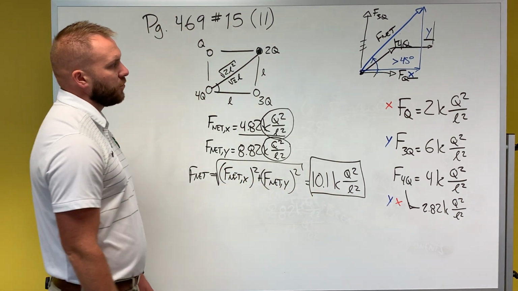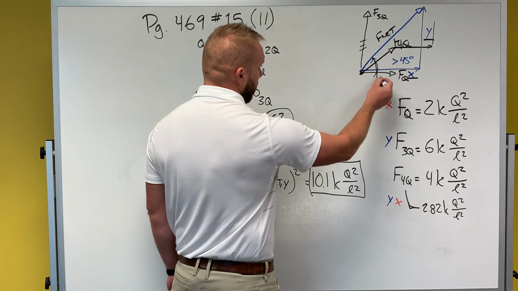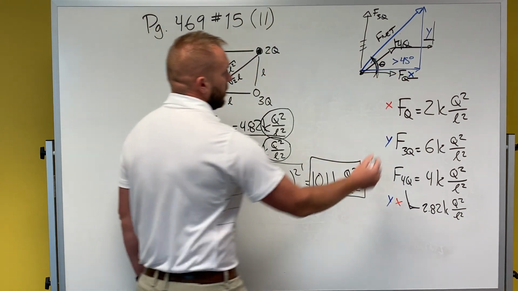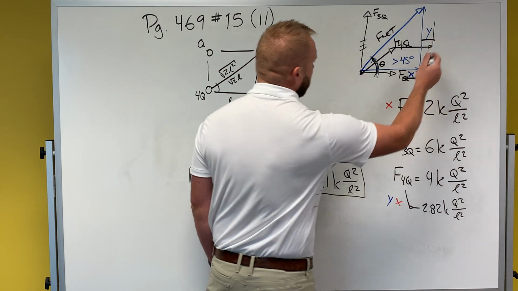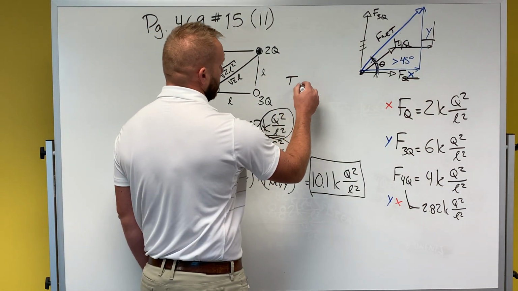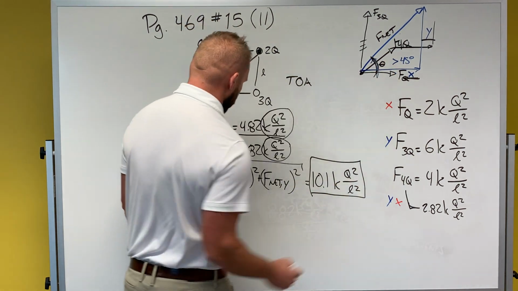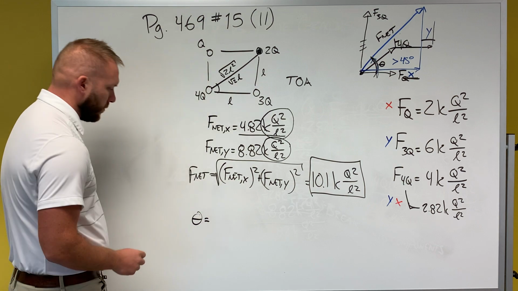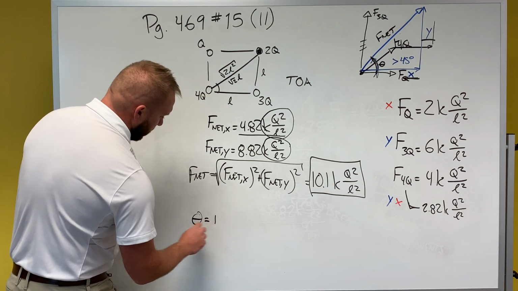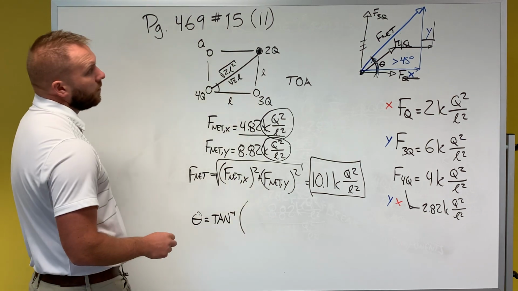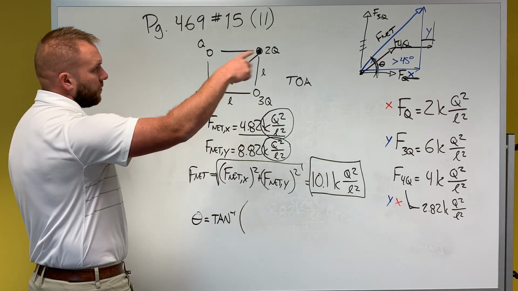My direction then is how can I find this angle here? So that's my theta, right? So I'm going to know my x component, I know my y component, so I can use tangent. TOA, right? Tangent equals opposite over adjacent, right? So theta equals tangent of opposite over adjacent.